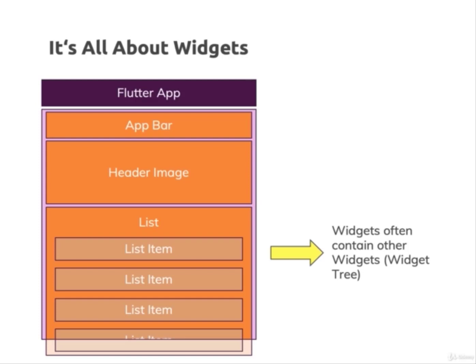There is often a list of widgets inside a single widget, like in a list view, as you can see here. In this list view there are other widgets which are the list items, so we say that a widget often contains other widgets or a widget tree.